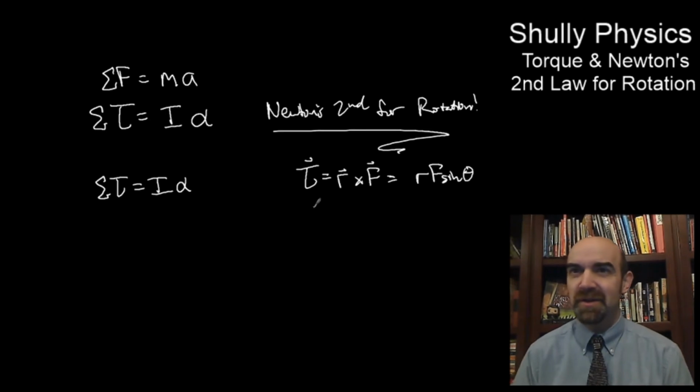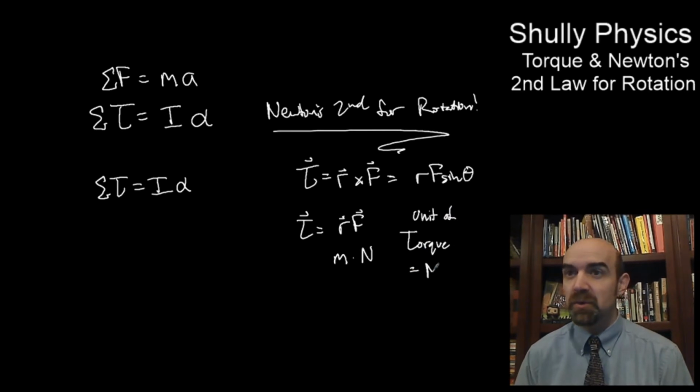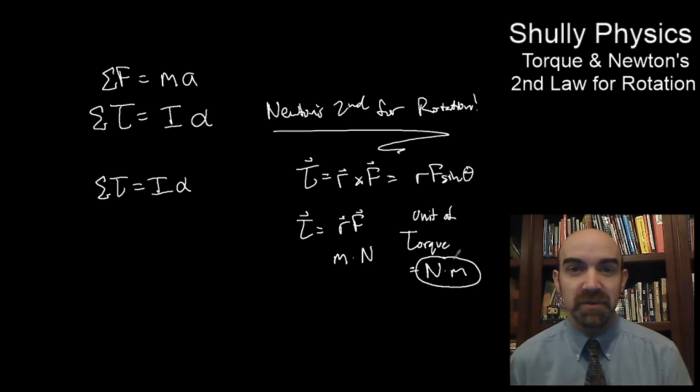Well, according to this over here, torque, if we just drop this sine theta, it could be any angle, but unit-wise, torque equals RF, let's say for a perpendicular force, has units of meters times newtons. All right, so the unit for torque over here is the Newton meter. There it is, the official unit of torque.